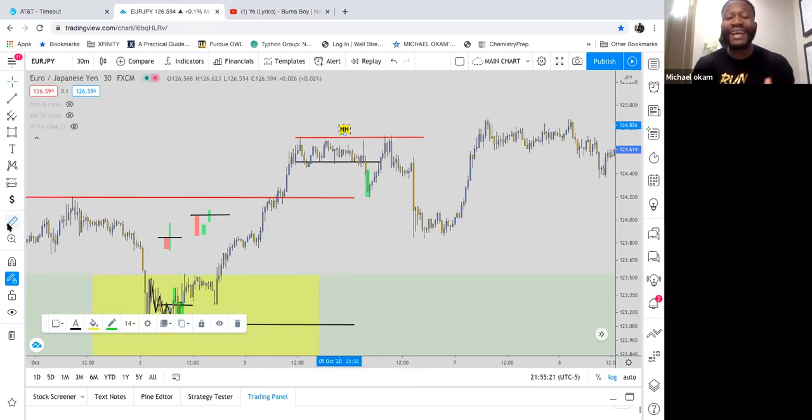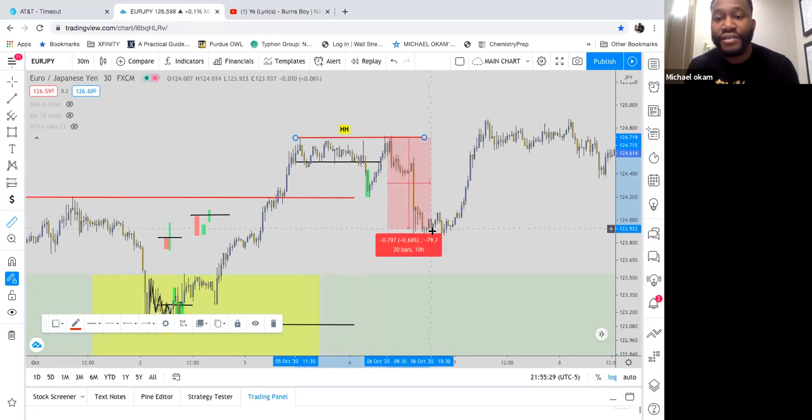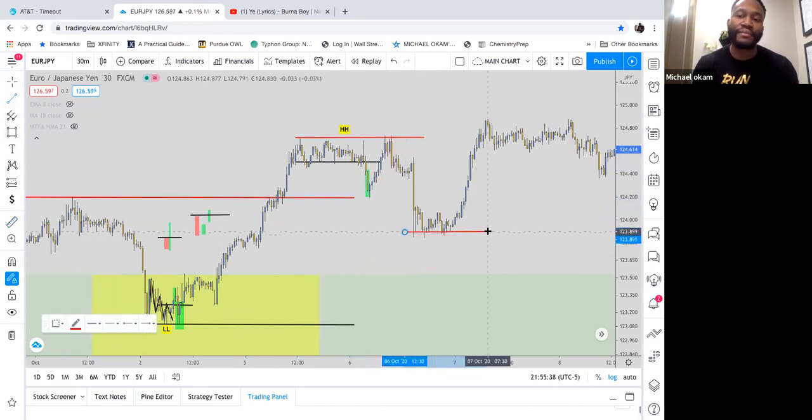I got good at recognizing structure, and once this support broke, I knew a retest had to happen, and guess what I was doing? I was selling, guys, to that next high low on the 4-hour time frame. I'll say it again.